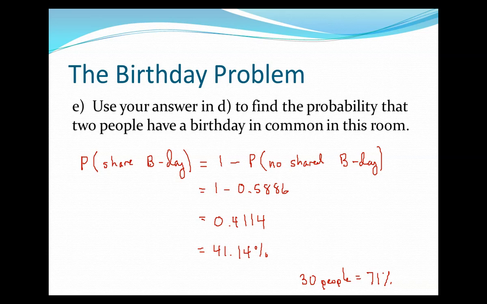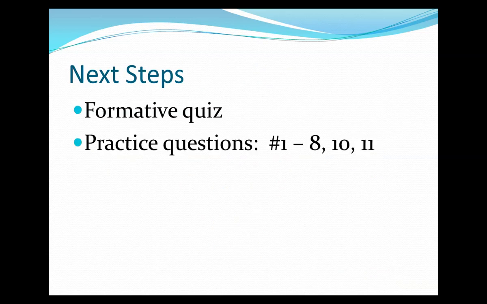So for your next steps, as usual, I won't do this all the time, but I've made a little formative quiz, just seeing if you can pick off whether events are dependent or independent. I've posted a PDF with some questions that you can try out. In our next couple of lessons, we'll be applying these probability concepts to a couple areas you may be interested in.